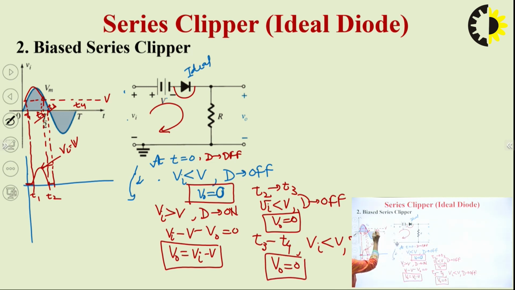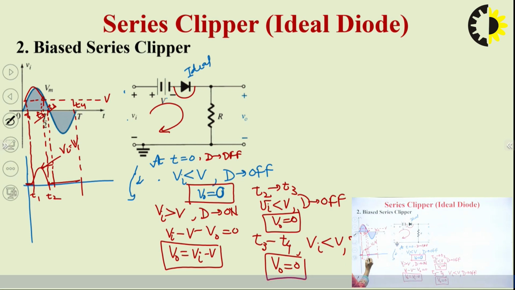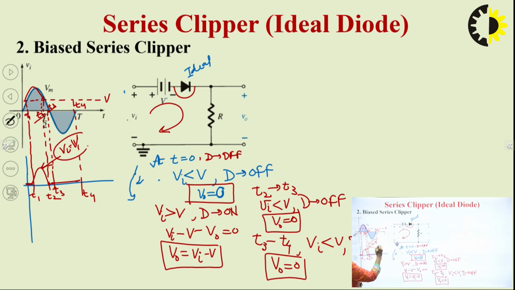So this is your output voltage. So here we can see that only we get the output during the time period T1 to T2, and that output will be equal to Vi minus V volt.